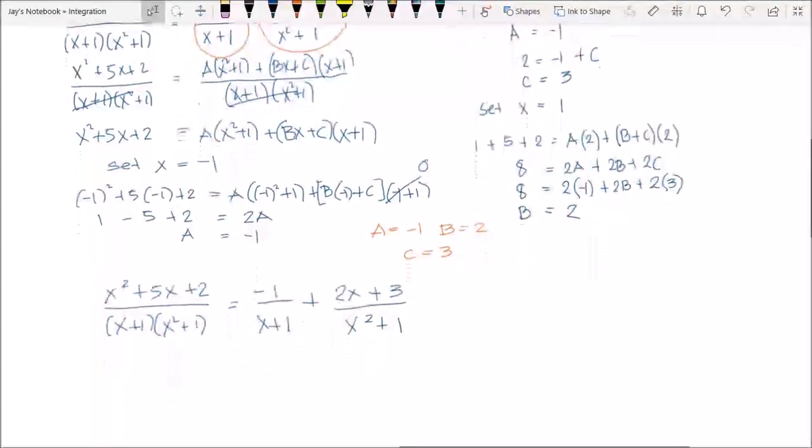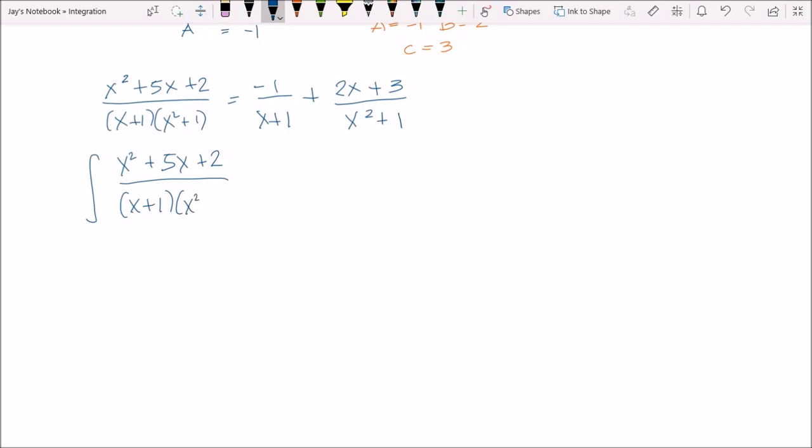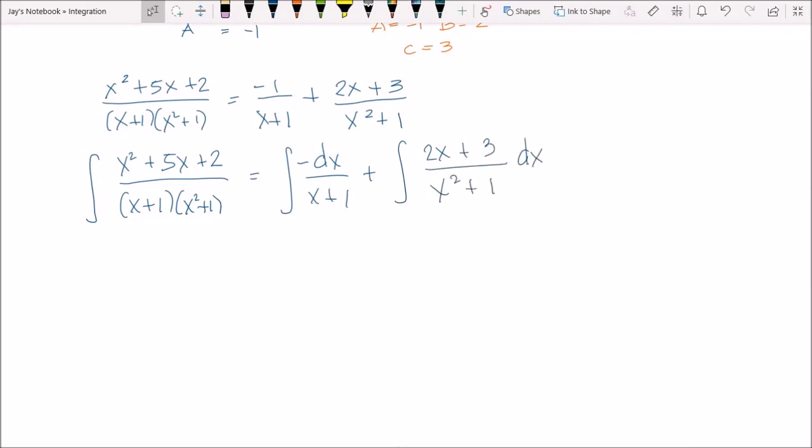Then you can finally do integration. Okay, so if we integrate this, the integration of x squared plus 5x plus 2 over x plus 1 times x squared plus 1, that's equal to the integration of negative dx over x plus 1 plus the integration of 2x plus 3 over x squared plus 1 dx.